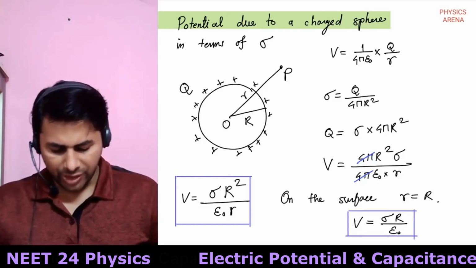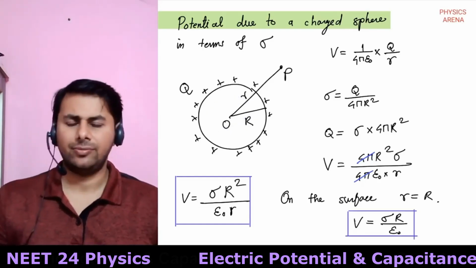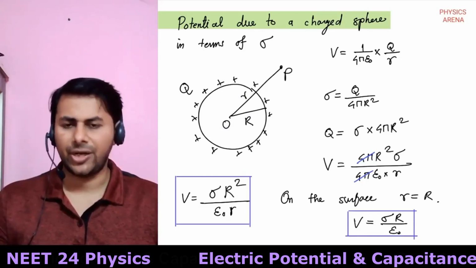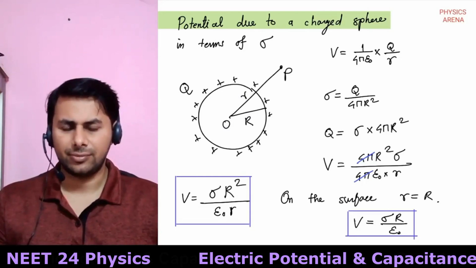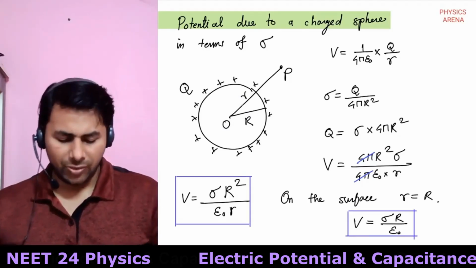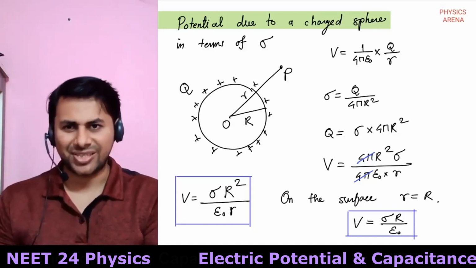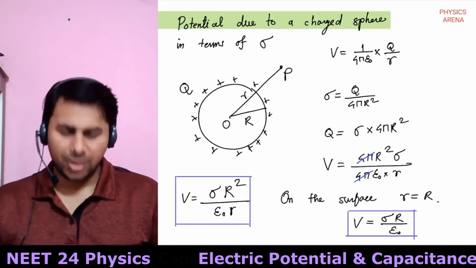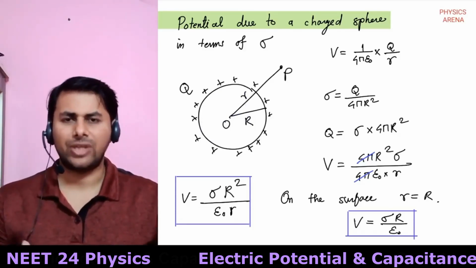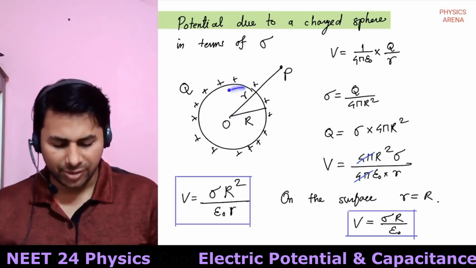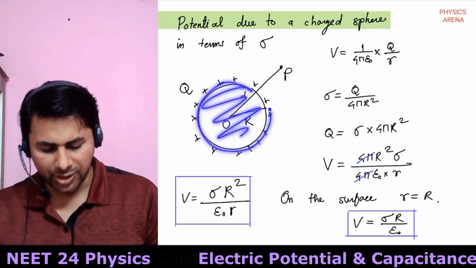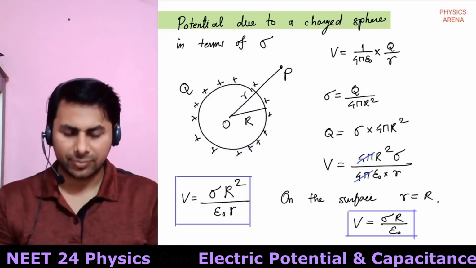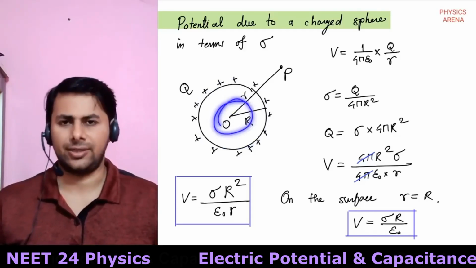And what will be the potential inside the sphere or spherical shell? We saw it in the first question itself. We started with this: the electric field is zero, so the potential remains constant. Whatever potential is there on the surface, the same potential is inside.